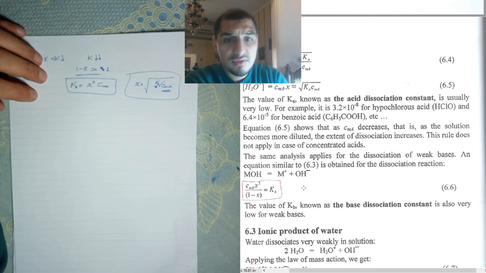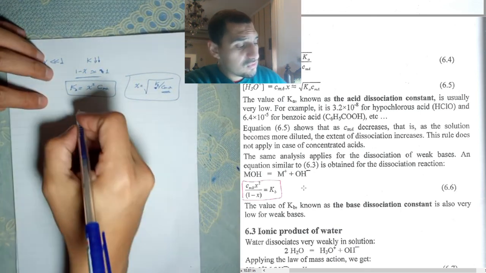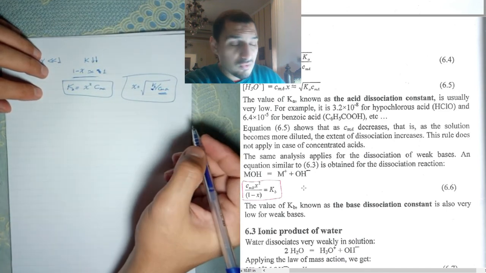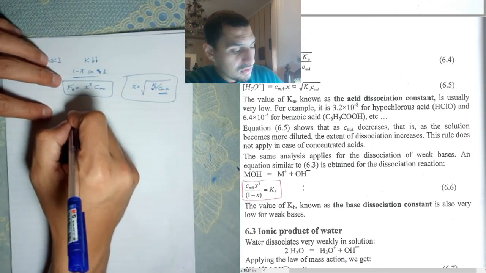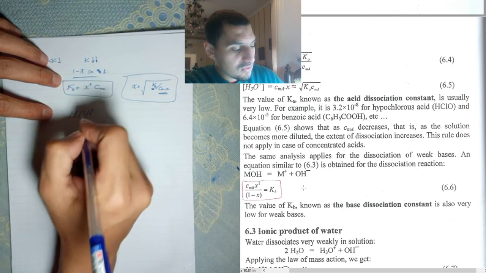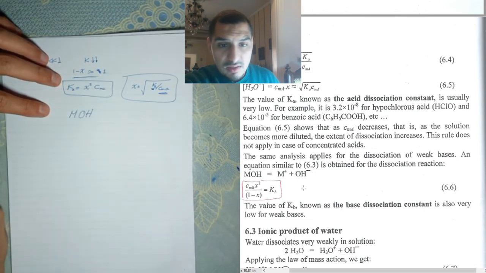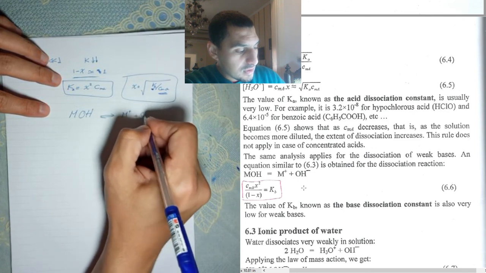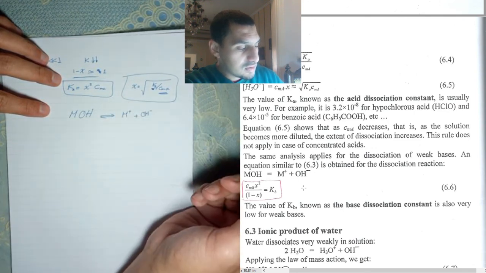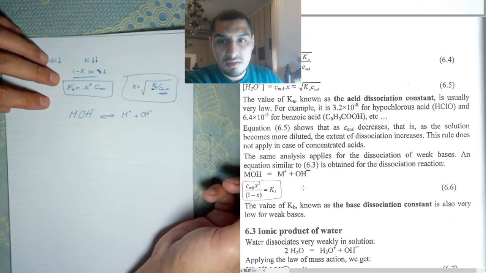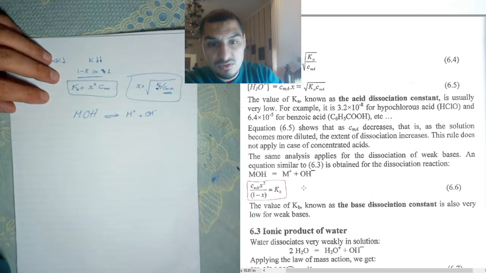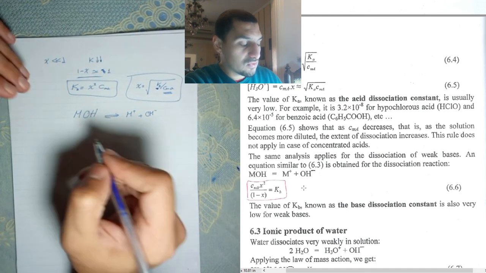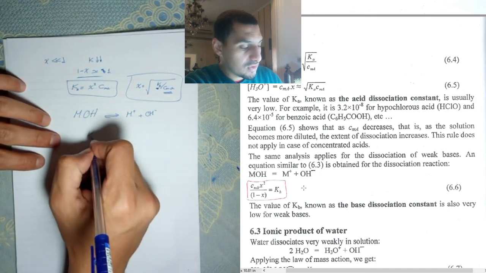So here we have the acid dissociation constant, and we can do the same for a base. If we have a weak base, the only difference is that the base looks like MOH, and it breaks into M plus and OH minus. You can apply the same procedure for predicting how the K will look, and then we will have Kb.